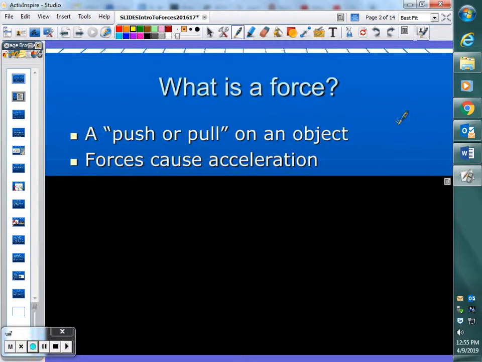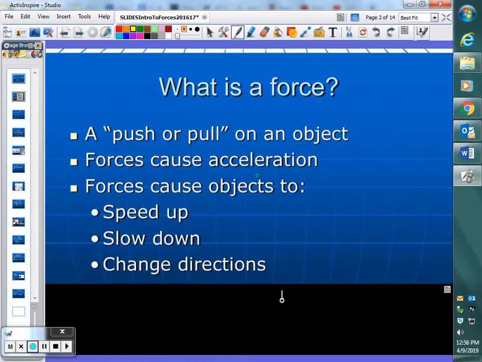And that means that forces can do 3 things to an object. What's one thing a force can do? Speed it up, slow it down, or change its direction, right? So if one of these 3 things is happening to an object, that means there is a force on it.